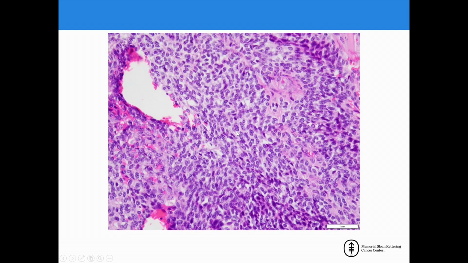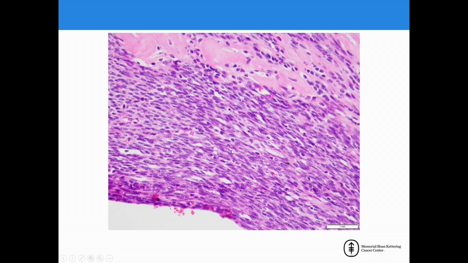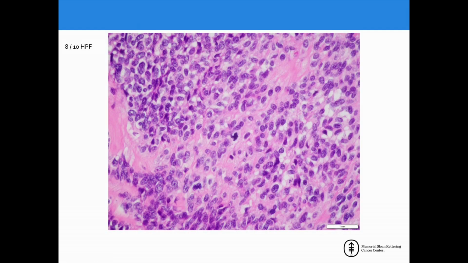There were also other areas on the slide with this very primitive spindle cell morphology, as we see here, showing these spindle cells in fascicles. Again, not much cytoplasm, but very primitive appearing spindle cells. Focally, the tumor was mitotically active.